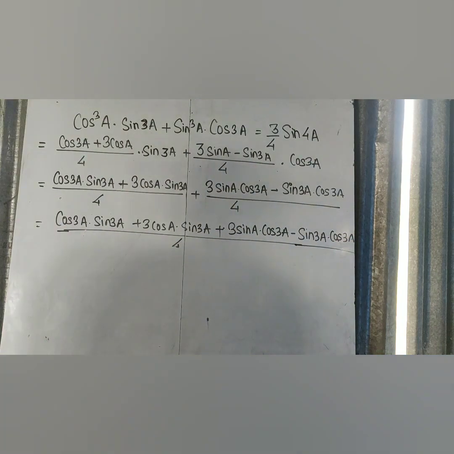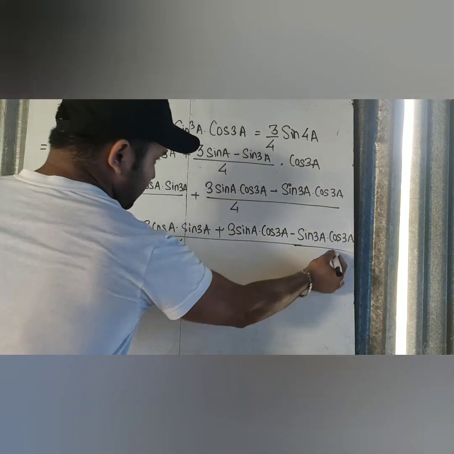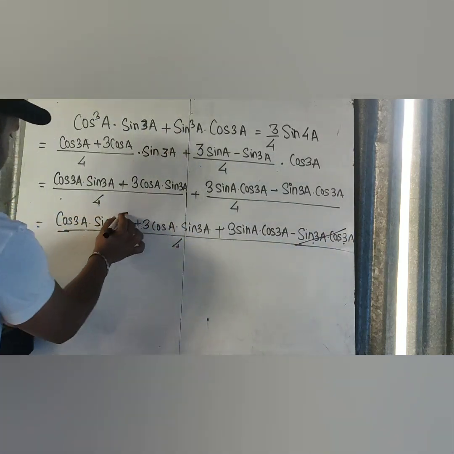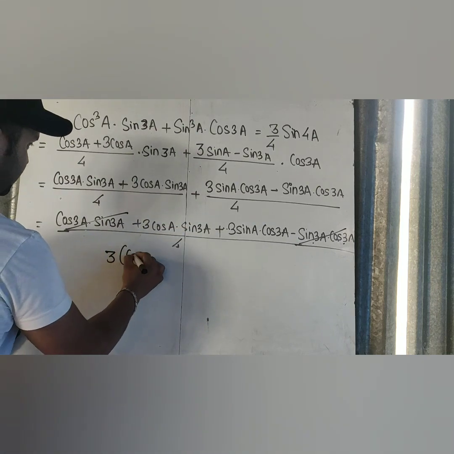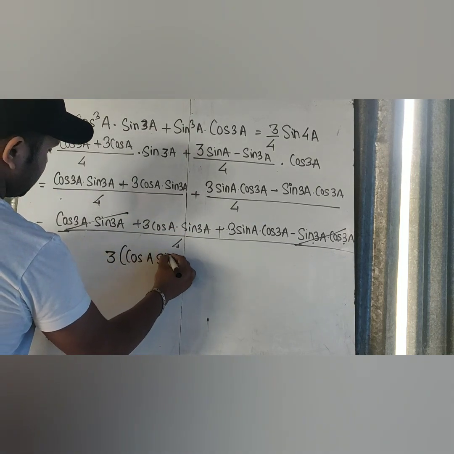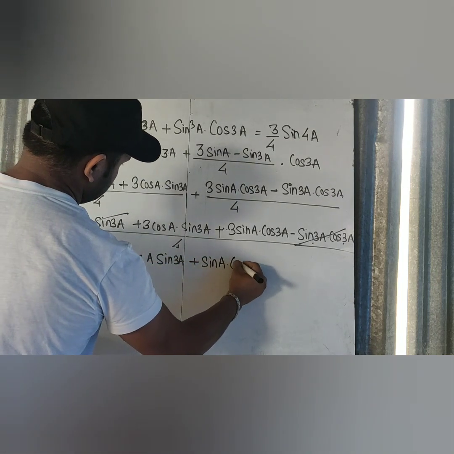Now we check whether we can cancel some of the things. We have cos 3a sin 3a positive here. We have cos 3a sin 3a negative here. They are cancelled. Now we can take 3 common, and you have cos a sin 3a plus sin a cos 3a by 4.